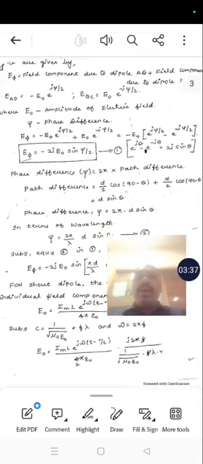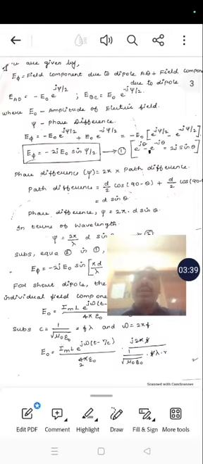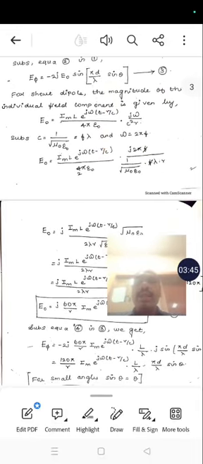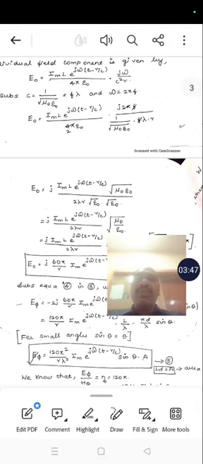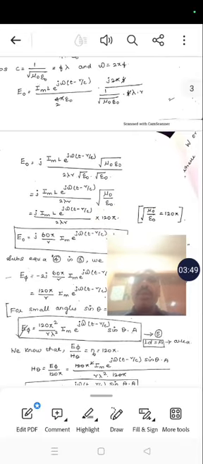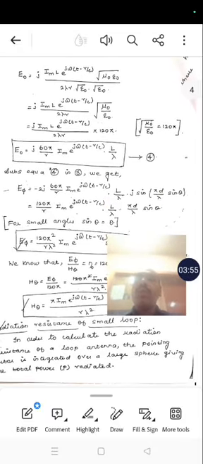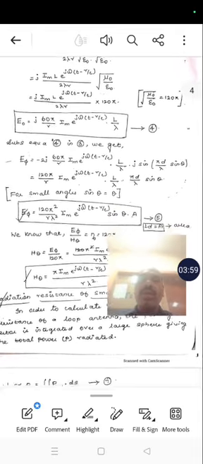E phi is equal to minus 2j E naught sin psi by 2, then E theta is equal to j 65 divided by r into Im e power j omega t minus r by c. Then for a small loop antenna with small angle, sin theta is equal to theta.